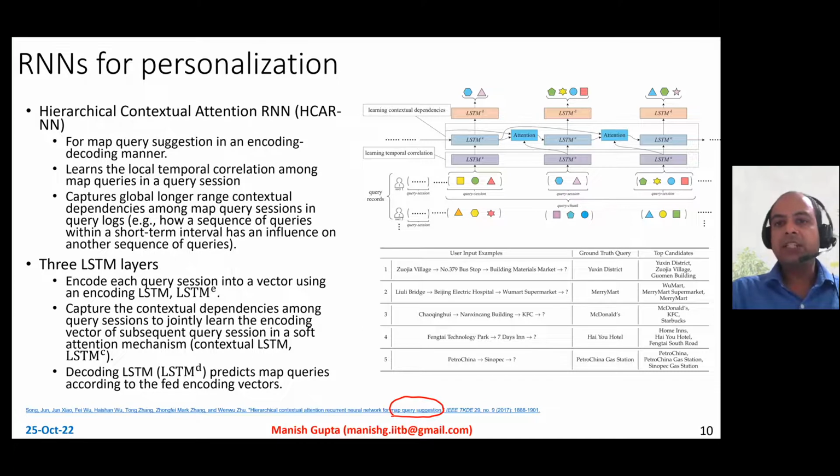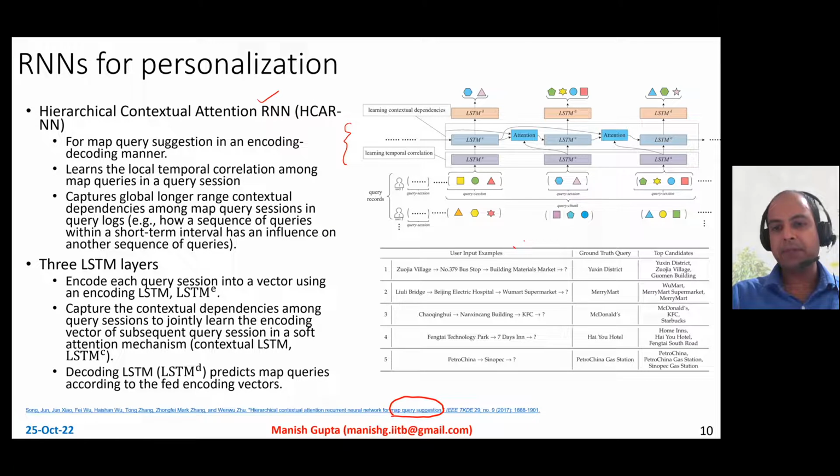So these folks essentially built two-layered LSTMs, as you see here, for encoding the current user session. So the hierarchical contextual attention RNN model has been proposed specifically in this particular work for map query suggestion.